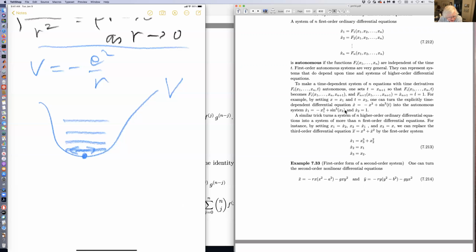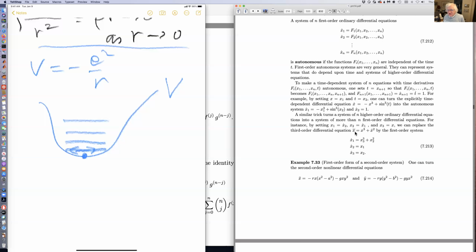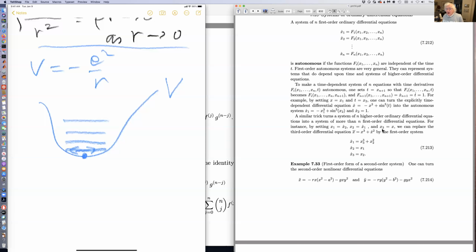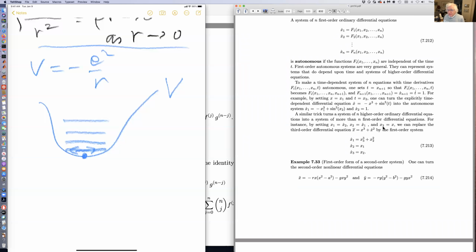A similar trick can be used to turn a system of n higher order differential equations into a system of more than n first order differential equations. For example, if we set x1 equal to x double dot, x2 equal to x dot, and x3 equal to x, we can turn this equation into, well, x1 dot, that's x3 triple dot.